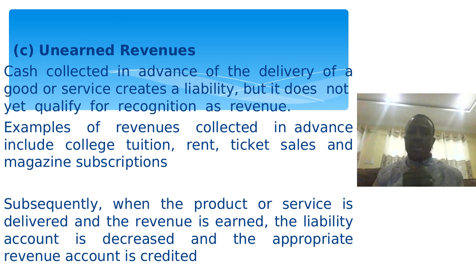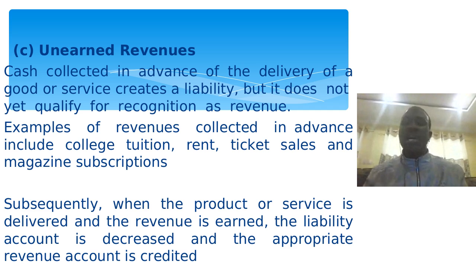Our next item will be the unearned revenues. So this is a payment that has been made, assuming that you are selling items, then somebody comes to you and gives you an amount, but you have not supplied the goods or the services. So that is what we refer to as an unearned revenue.